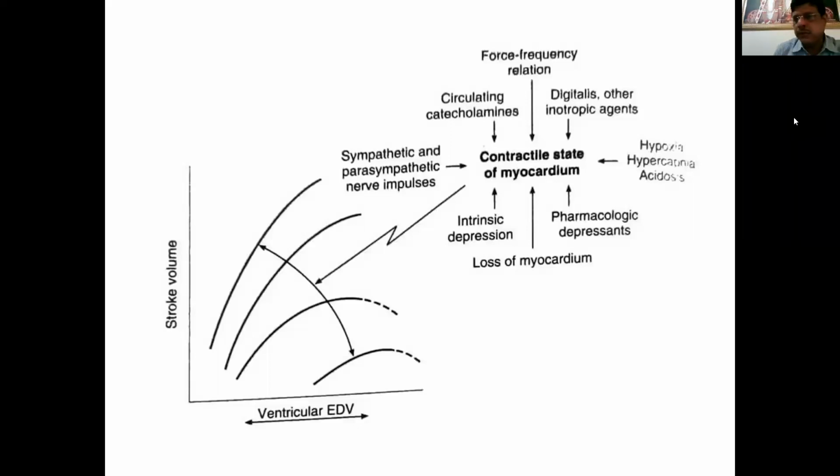Are you able to hear me? Yes, sir. Anjum, can you tell me what is myocardial contractility? Length decrease, force contraction.